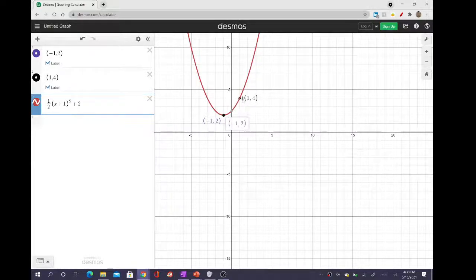If it's higher than your vertex, because right here our point is higher than our vertex, it's going to go upward, okay?